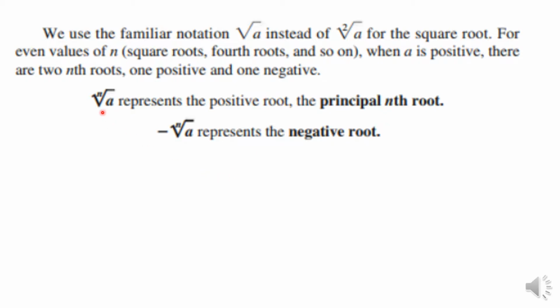So when you run across this symbol, that represents the positive root, also called the principal nth root. If we want the negative root, it's going to be the minus the nth root of a. This only is an issue when we are talking about even values of n, square roots, fourth roots, and so on.